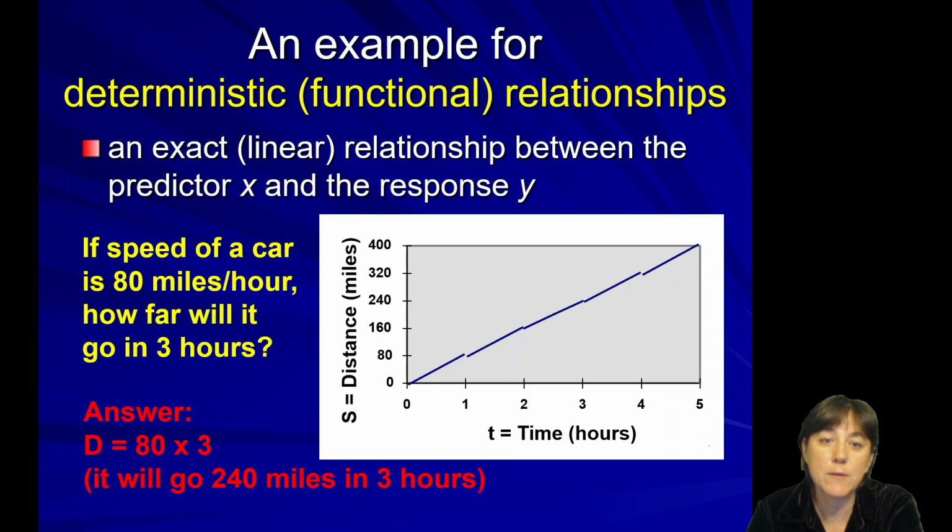You just simply multiply 80 by 3 and conclude it will go all the way to 240 miles in 3 hours. This is an exact linear relationship. There's no scatter around the dots. The dots will be put on a single line. You can exactly predict from X the Y value.